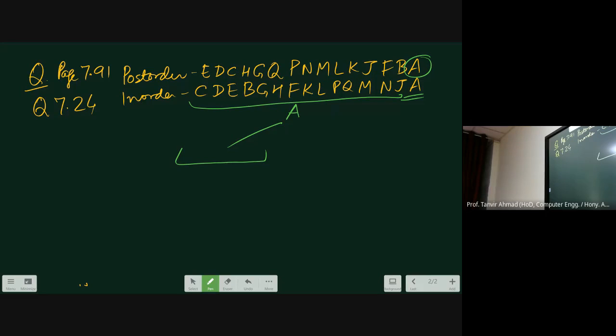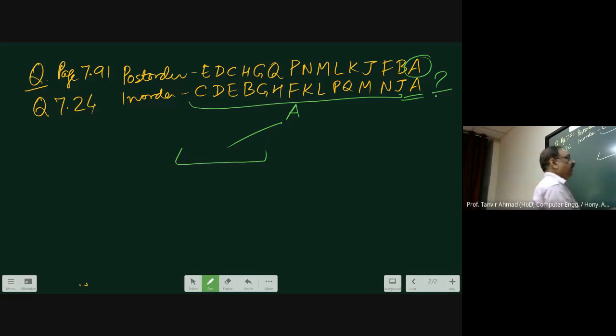Is it clear? All the nodes will come this side, because there is nothing over here. That means the tree is only having the left subtree.